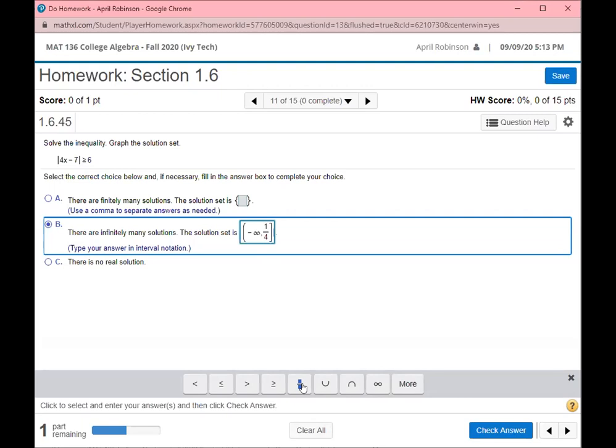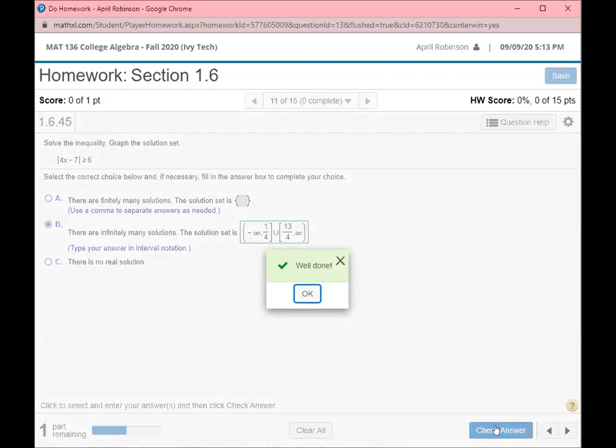There it is. And then I'm going to click union. And then I need another bracket going that way. Whoops. And then another fraction. My other answer was 13/4, comma, and infinity. And then parenthesis for that. And then check answer. And I better get a positive affirmation.